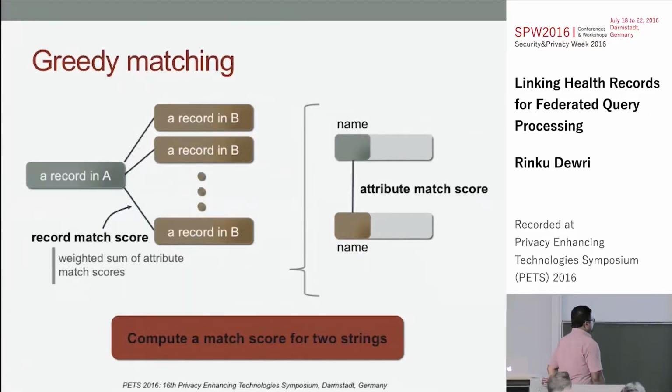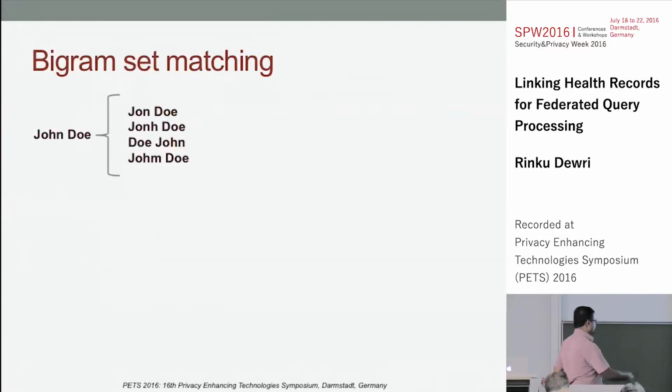Now, what are the problems? There are different methods to do that. One is that we have to take account of errors in the data, because when data is input into the databases, there will be errors. All of these names represent the same person: in the first case a letter was missed, here there's a transposition, the first name and last name have been swapped, and there's a key slip.